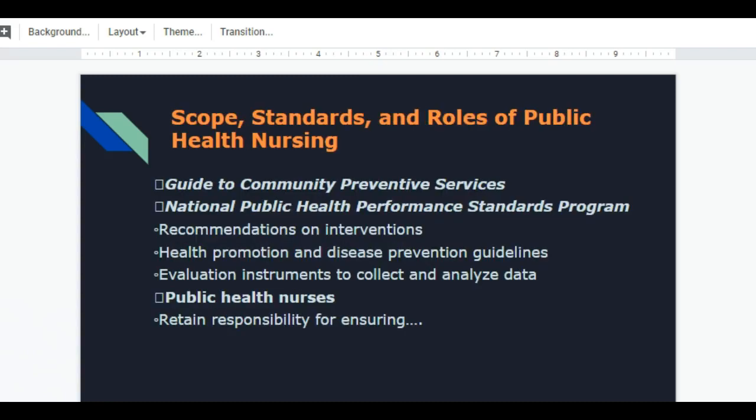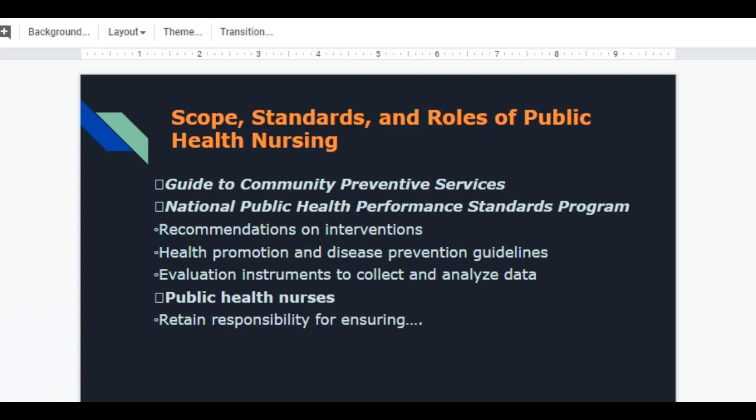This slide just lifts up some of the scope and standards and roles of public health nursing. The National Public Health Performance Standards Program, I usually provide a link here, but there's a link to the CDC, and the CDC provides recommendations on interventions, health promotion activities to different state, local, and federal agencies.